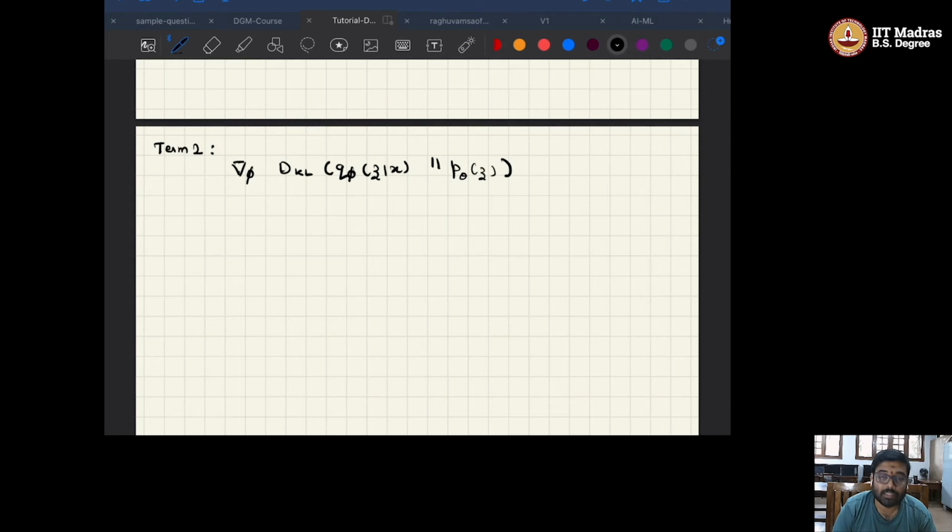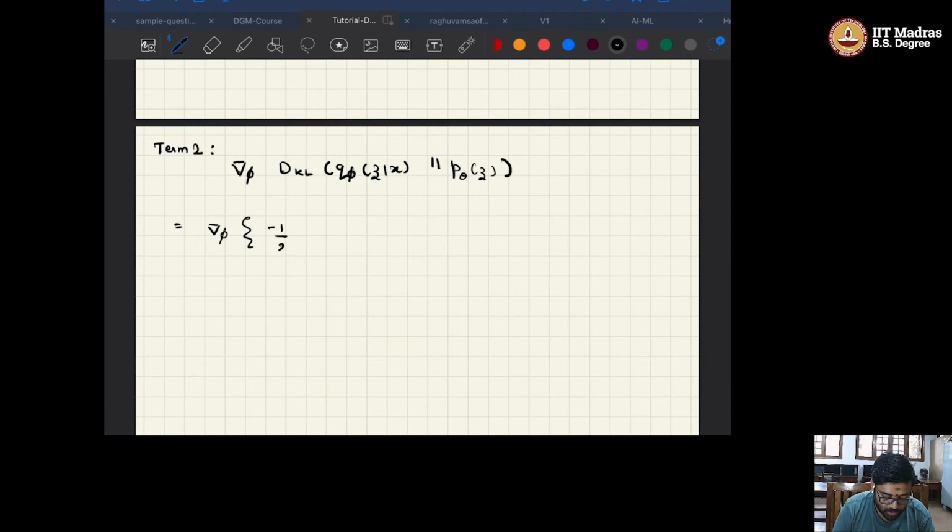there is a standard derivation for this. I urge you to look at that specific derivation, because of which this whole KL divergence, if you have this as a fixed distribution, will turn out to be a straightforward equation.